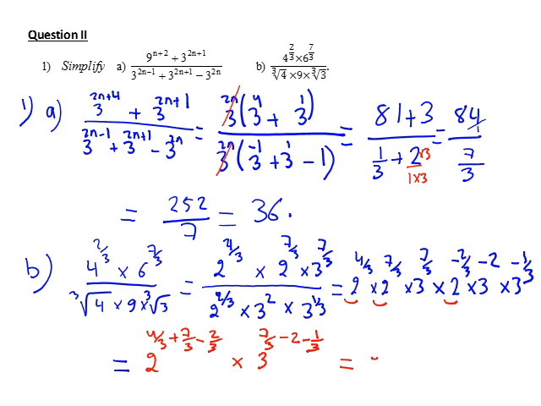This is equal to 2 power 3, which is 8, times 3 power 0, which is 1. 8 times 1 is equal 8.